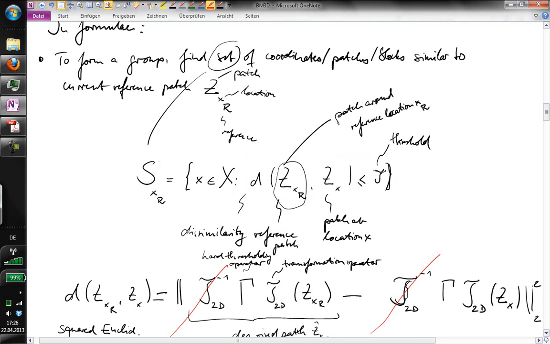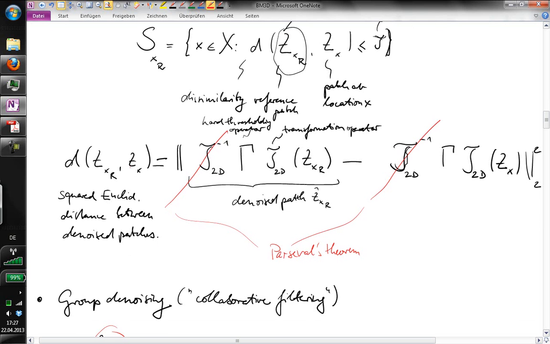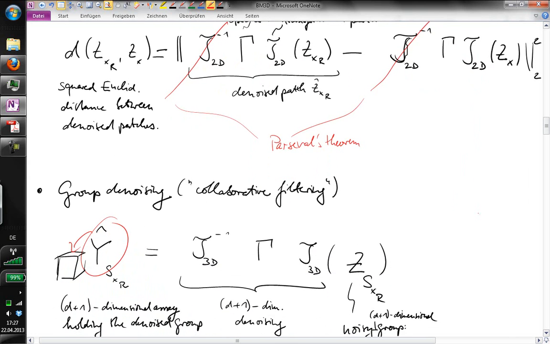And this set was called S. The distances between patches themselves were computed not between the original noisy patches, but between a preliminary denoised version thereof. This is what this equation says here. If we omitted the preliminary denoising, then we would simply leave out this part and would just look at the squared Euclidean distance between the reference patch and the other patch of interest.